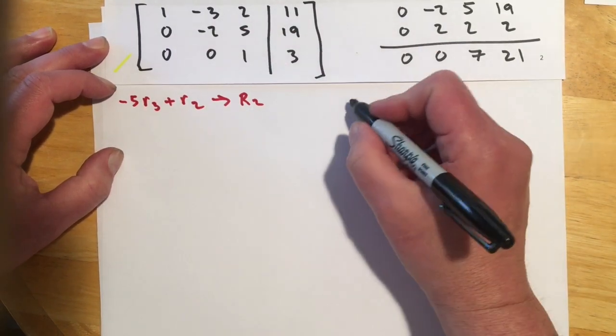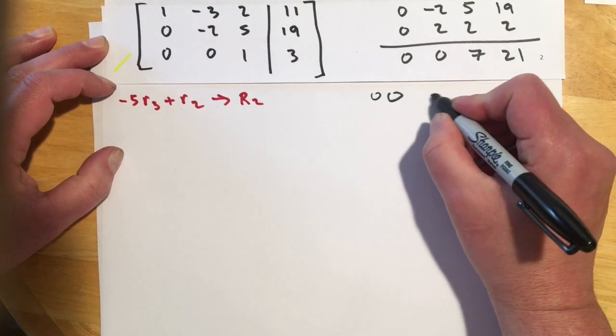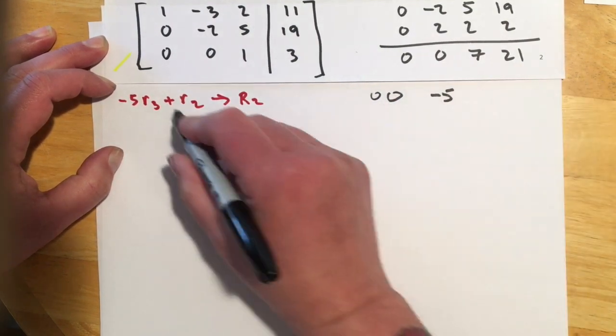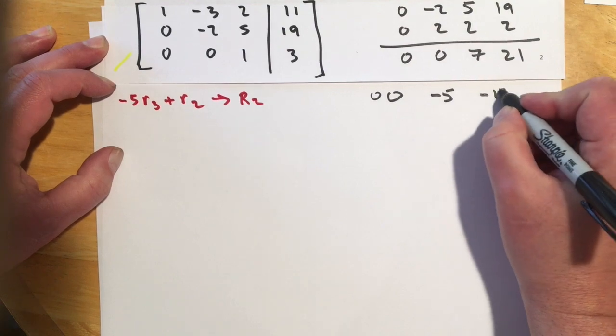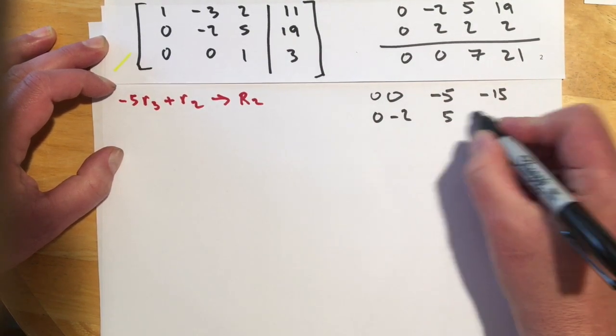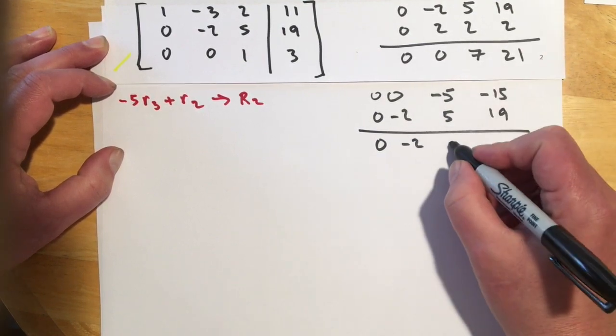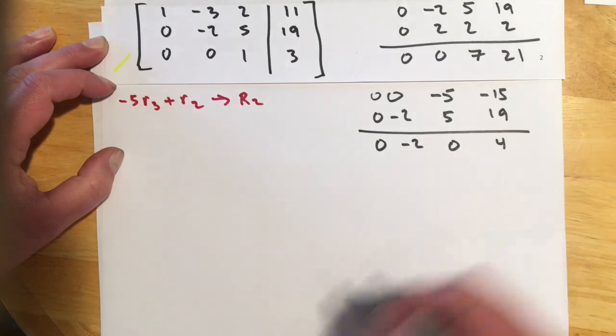That would look like 0, 0, and then -5 and -15. And then this row is 0, -2, 5, 19. So 0, -2, that's gone, makes it 0, that makes a 4.